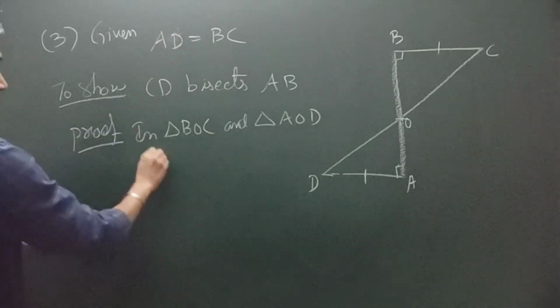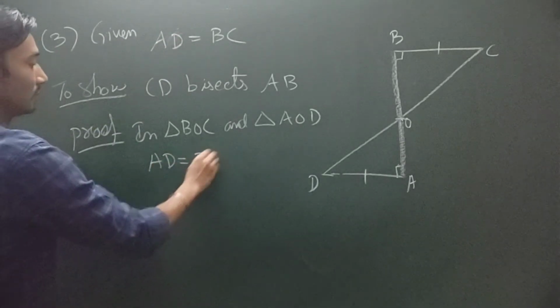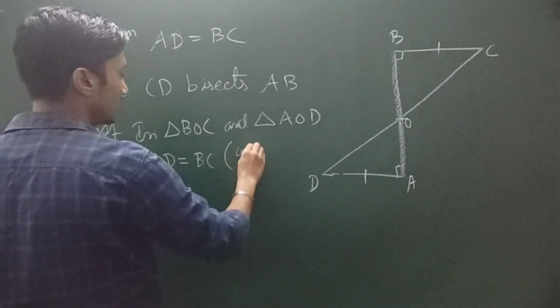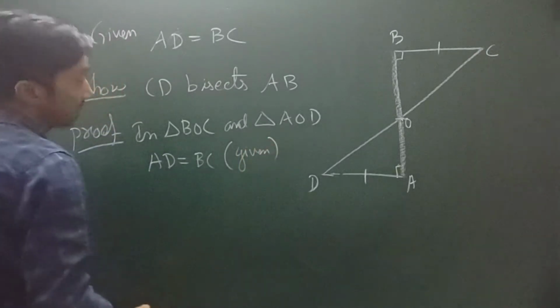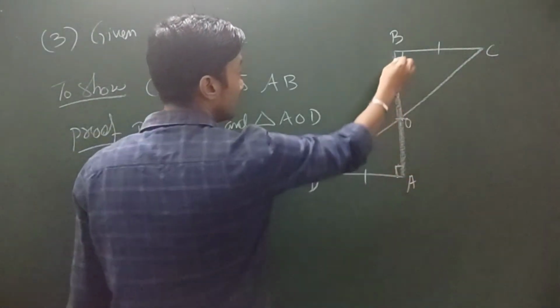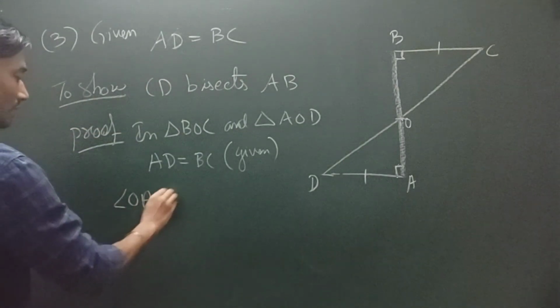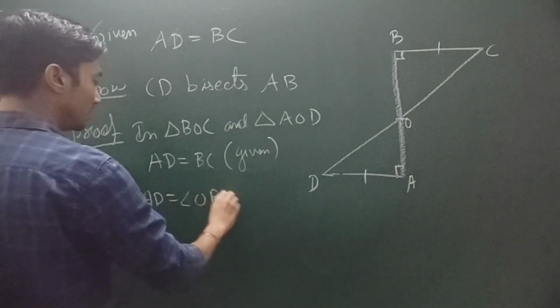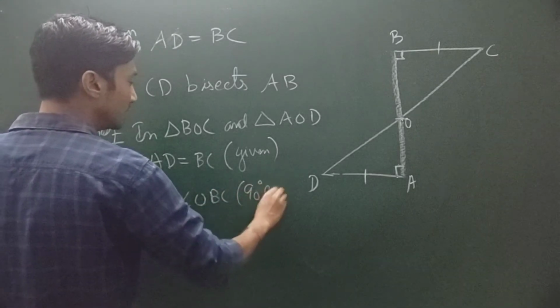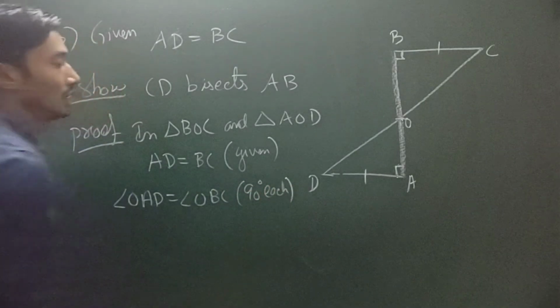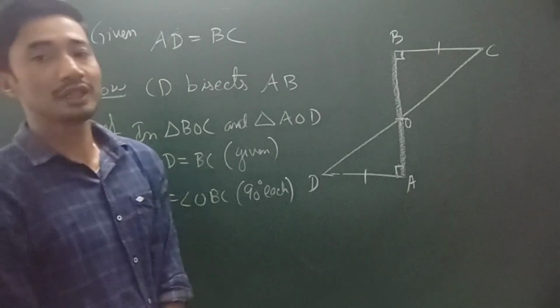Yes, already given. One side is already the same. AD is equal to BC, given. Anything else same? Yes. This means 90, 90. Angle OAD is equal to angle OBC, 90 degrees each. Anything else the same again?